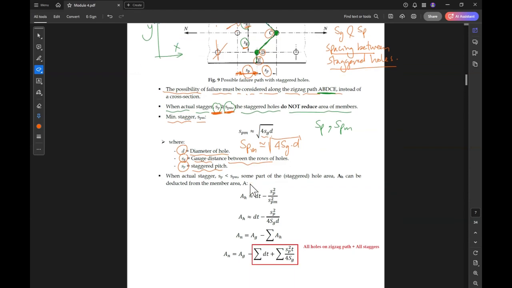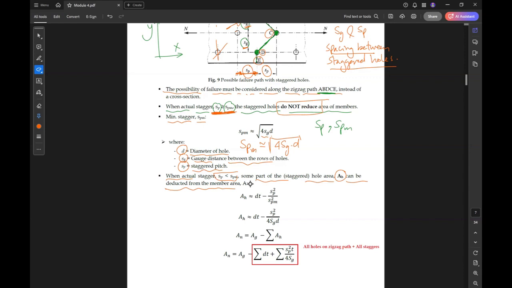Okay, so after we calculate that, if we find that s is more than the minimum, the staggered hole doesn't reduce the area of the member. So this is the first case. If s is more than the minimum, it's okay, no problem. When the actual stagger s is less than s minimum, some part of the staggered hole area can be deducted from the member area.